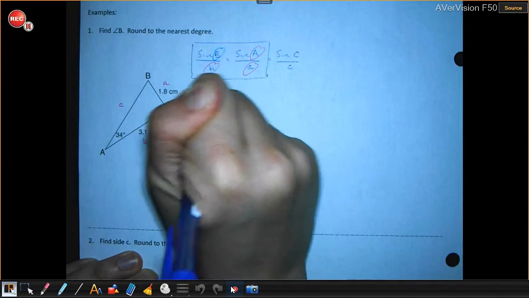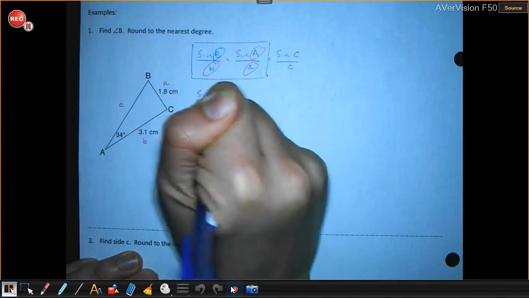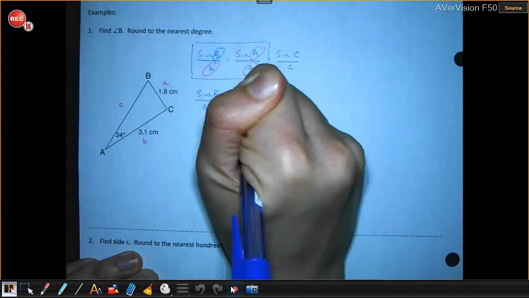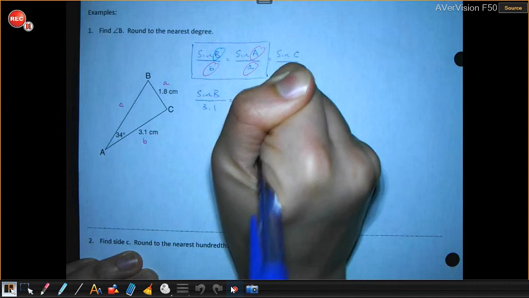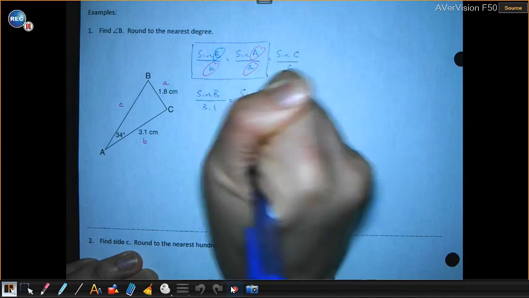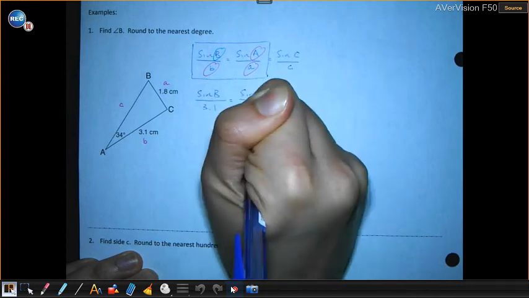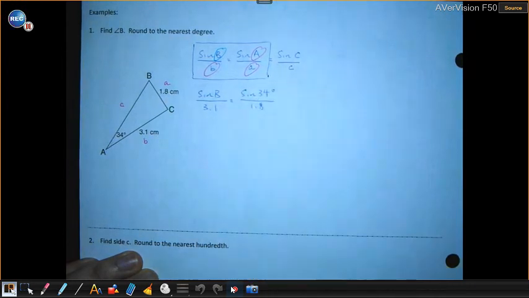Sine B over side b, which is 3.1, equals sine of angle A, which is 34 degrees, over side a, which is 1.8 centimeters.